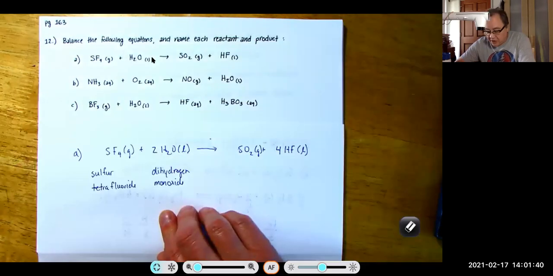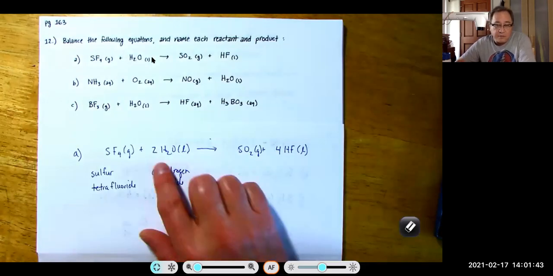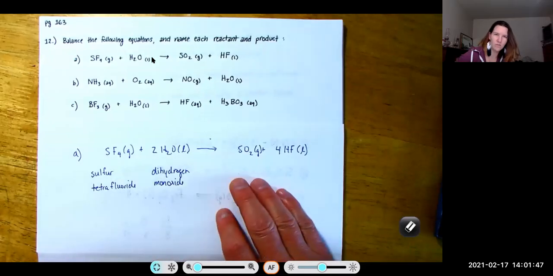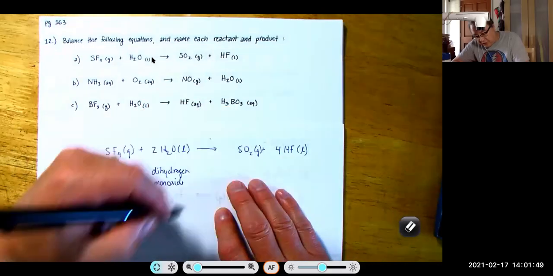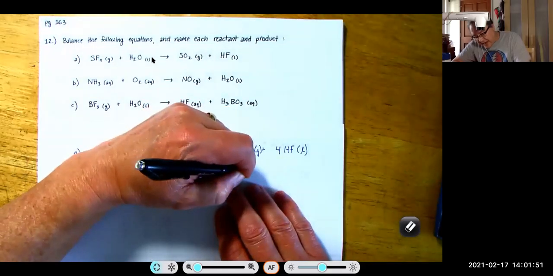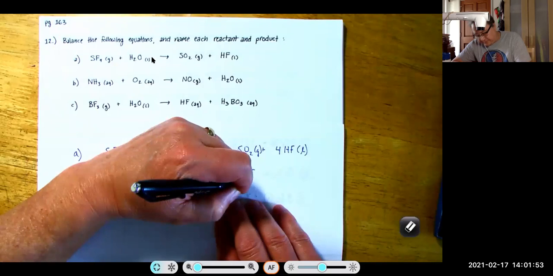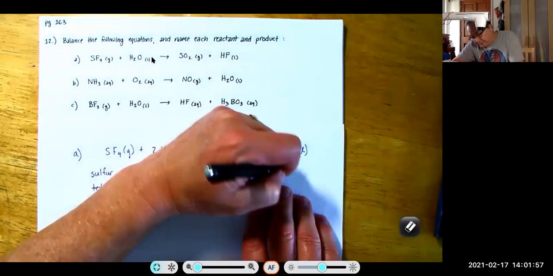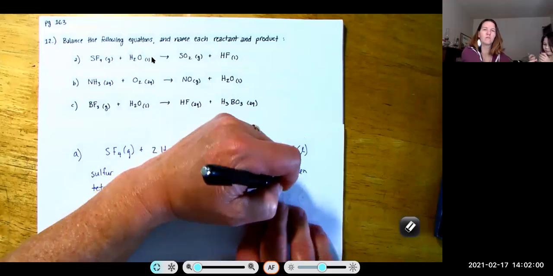So these are molecular compounds with 2 parts to the name. Okay. What would this one here be called? It'd be called sulfur dioxide. And this one would be hydrogen monofluoride.